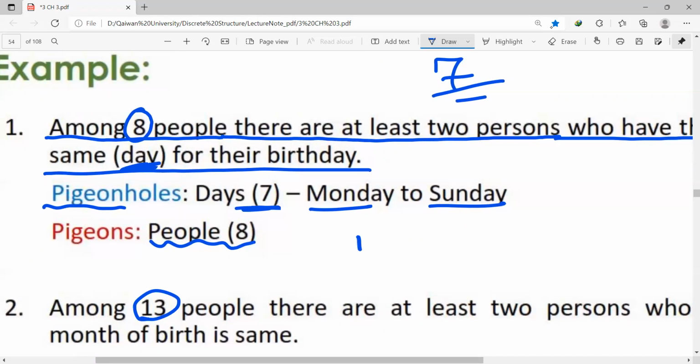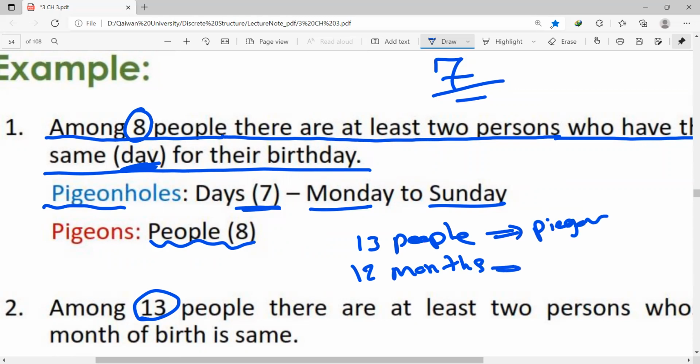Here we have 13 people and 12 months. So this is pigeon, this is pigeonhole.